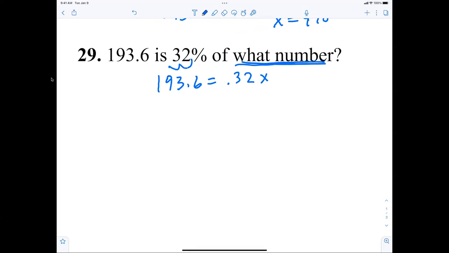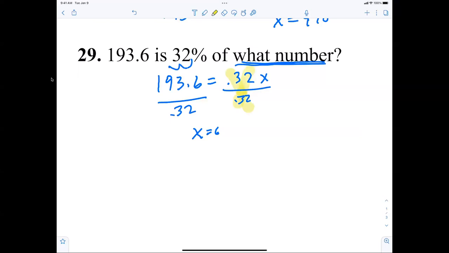You with me or not? Yeah. Now you divide. Yes. I don't think it's 600, is it? I don't think it's 605. Do it on your calculator again. Some of you guys, that's what I'm saying. You got to be doing it.